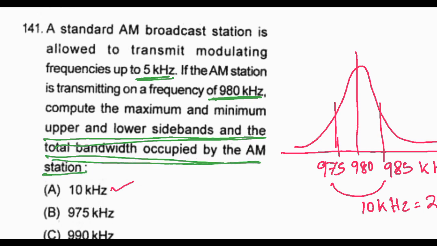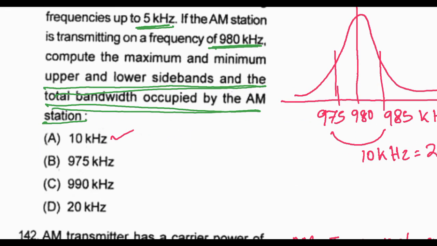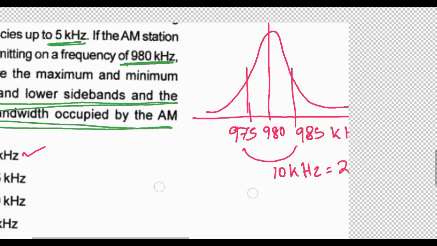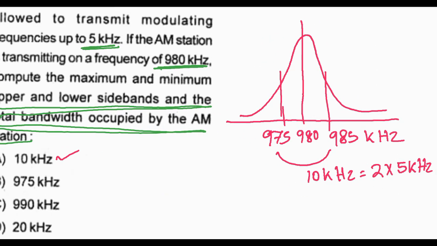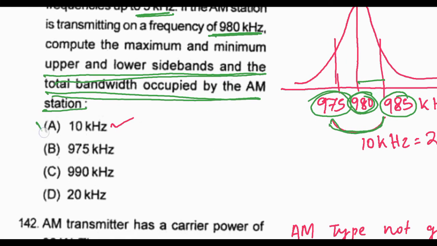In the options only bandwidth is given. The frequency is 980 kHz, and the upper and lower sidebands are 980 plus 5 and minus 5, from 975 to 985. So the bandwidth will be 5 plus 5, or 2 into 5, which is 10 kilohertz.